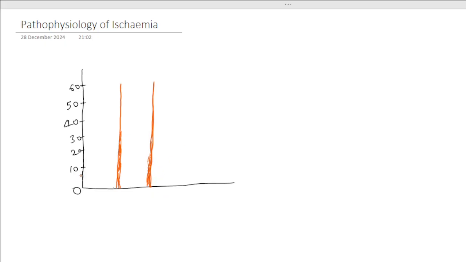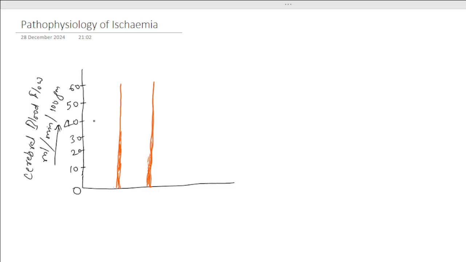Okay, what I want to make you understand is this part of the graph, which shows the cerebral blood flow, and it is in ml per minute per 100 gram.